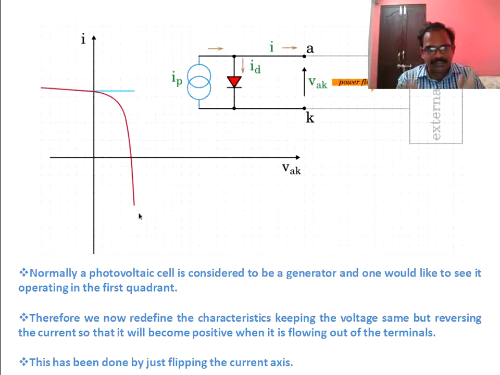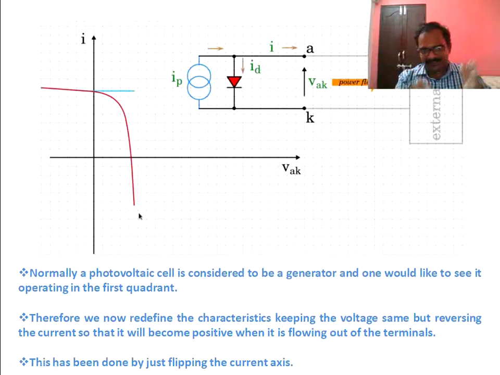Normally the photovoltaic cell is considered to be a generator, and one would like to see it operating in the first quadrant for psychological reasons. So we now redefine the characteristics, keeping the voltage axis the same but reversing the current so that it becomes positive when it is flowing out of the terminal.